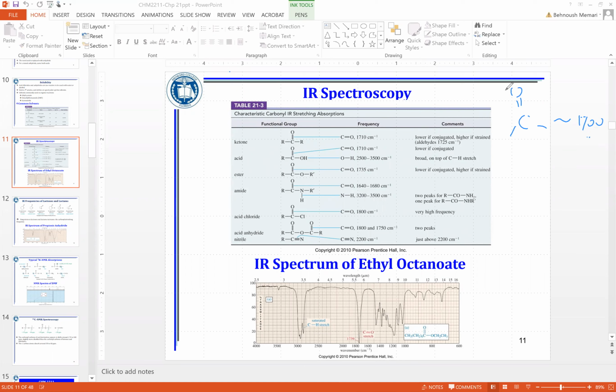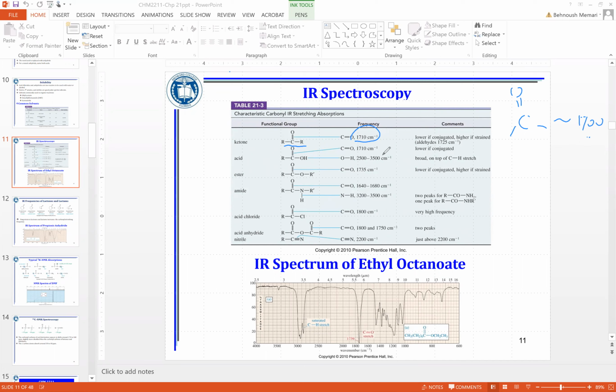If it's conjugated, it's going to decrease. So for a ketone, there is no conjugation and no electron withdrawing group, so that is the normal number. For carboxylic acid, the CO double bond is going to show a peak at 1715, and then you also have a broad peak between 2500 and 3500.